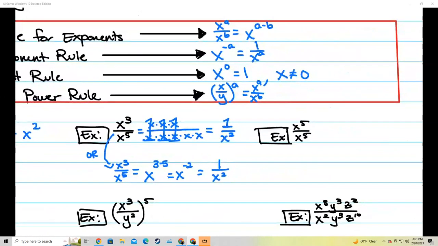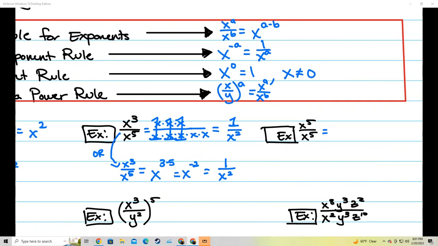All right, and then the last one is x to the 5th divided by x to the 5th. I'm going to go ahead and write it the long way. That technically means x times x times x times x times x over x times x times x times x times x. And if I start canceling all these things, I get a 1, I get a 1, they cancel, cancel. I'm getting all these ones, which really becomes 1 times 1 times 1 times 1, which is just 1. And so that's the way it works doing it the long way.